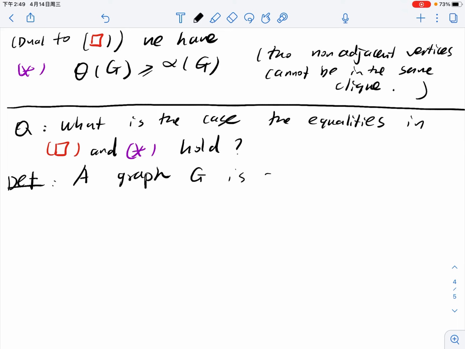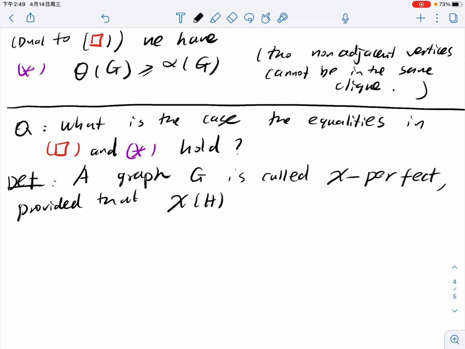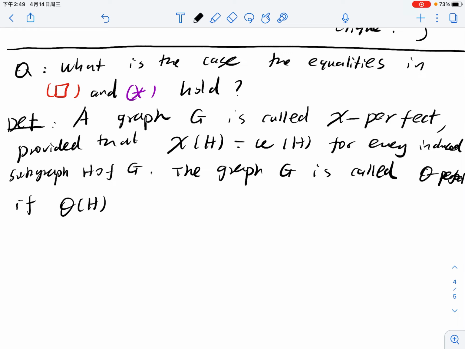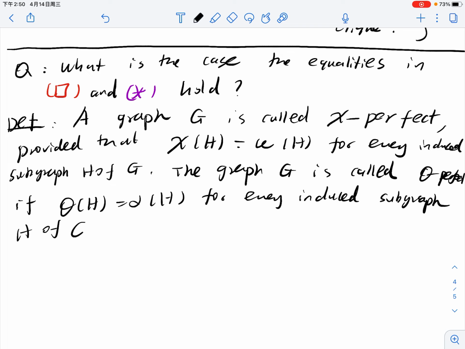A graph G is called chi-perfect provided that chi H is omega H for every induced subgraph H of G, and the graph G is called theta-perfect if theta H equals alpha H for every induced subgraph H of G.